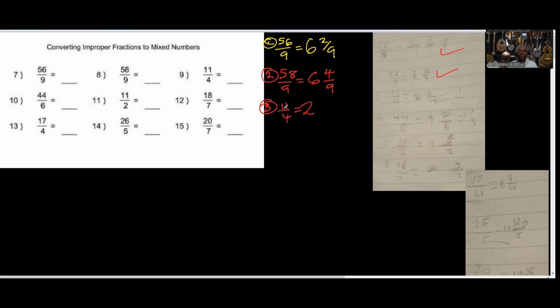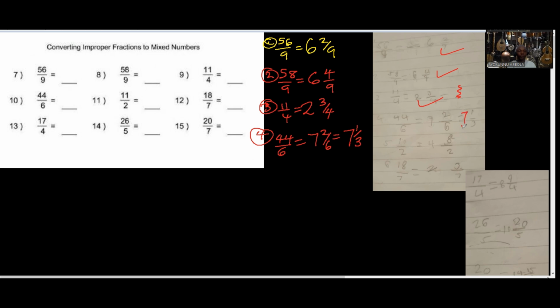That's 2, which is 8. When you remove 8 from 11, you have 3 over 4. And you got that one too. Then number 10, we have 44 over 6. So 6 times 7 is 42. That's 7 whole number 2 over 6, which is 7 whole number 1 over 3.